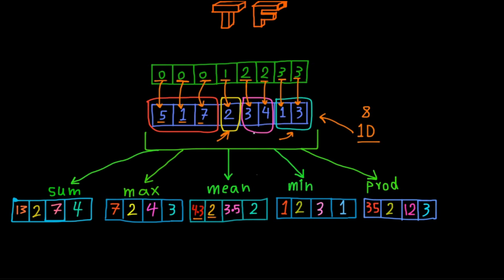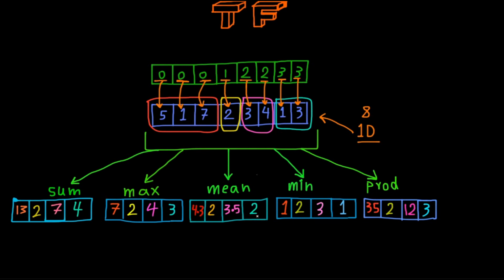The mean for this group is 3 plus 4 divided by 2, and the result equals 3.5. The mean for this group is 1 plus 3 divided by 2, and the result equals 2.